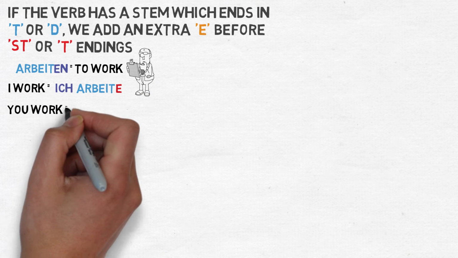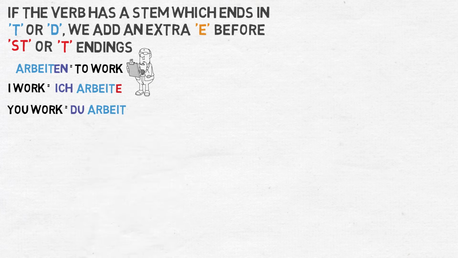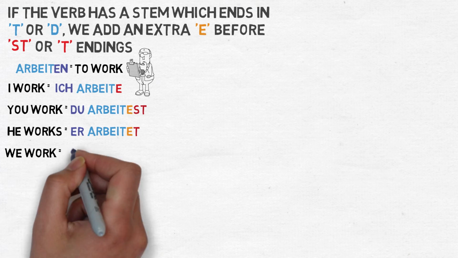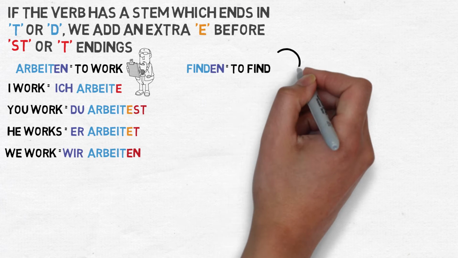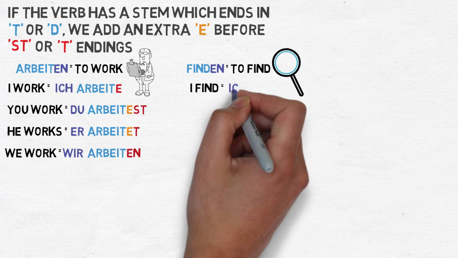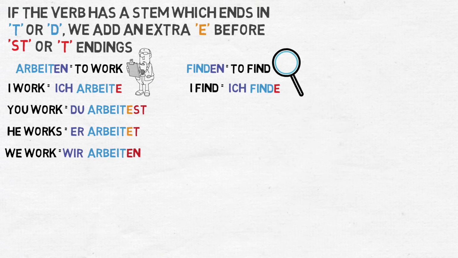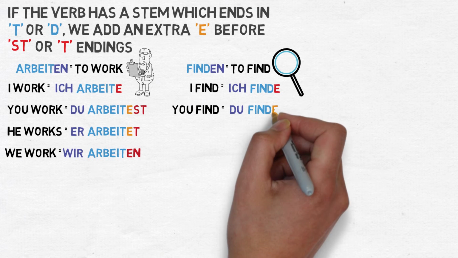But to say you work, it is du arbeitest. He works is er arbeitet. We work, wir arbeiten. Another verb where this happens is finden, to find. Ich finde, I find. Du findest, you find.